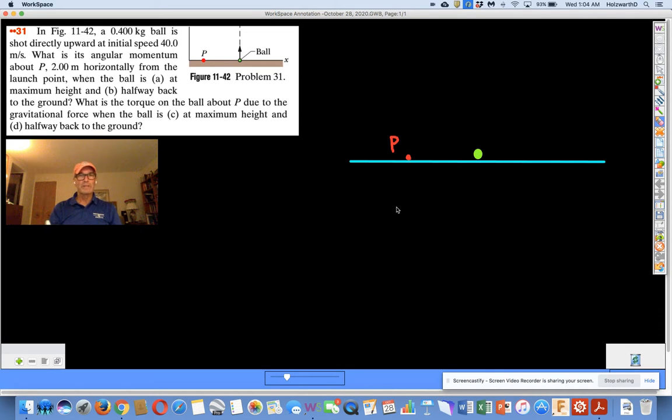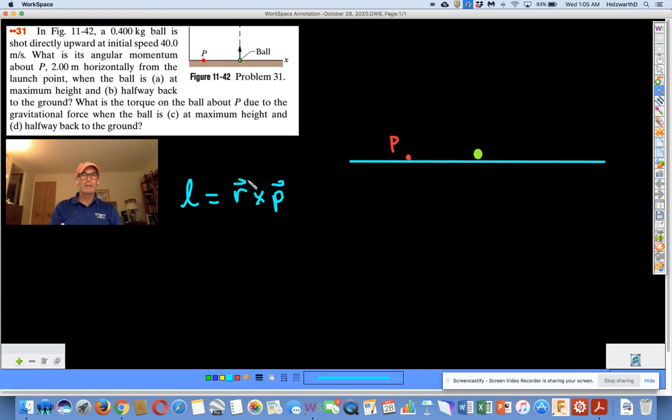This is a great problem because you really have to think about things. The juxtaposition of this ball relative to point P and the velocity vector matters, such that you satisfy the angular momentum for a particle. The angular momentum for a particle is equal to r cross p.